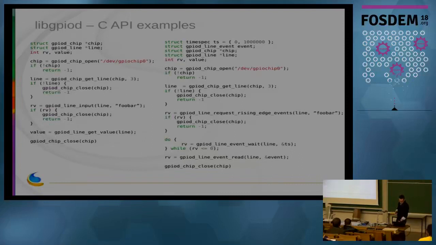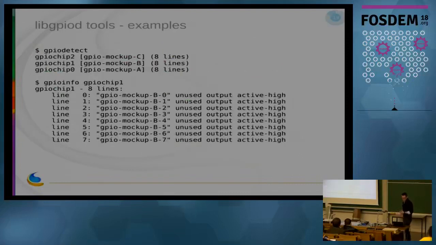But the more interesting part for most people is the tools. There are 6 tools available currently. The first one is gpiodetect, which allows you to list all the chips that are present in your system, listing the name, the label, and the number of lines of each chip. gpioinfo goes a bit more into detail about a single chip or multiple chips.